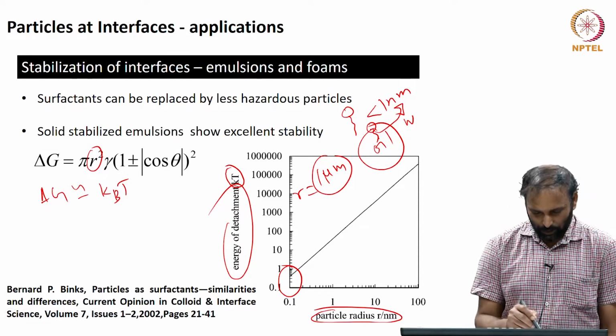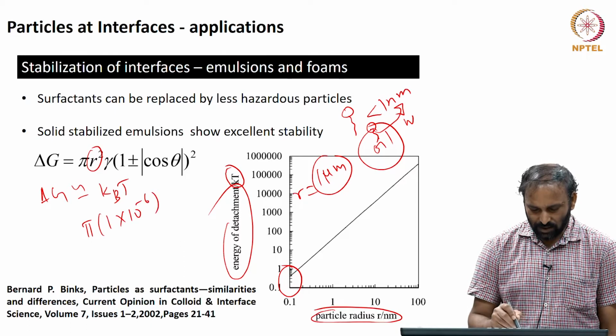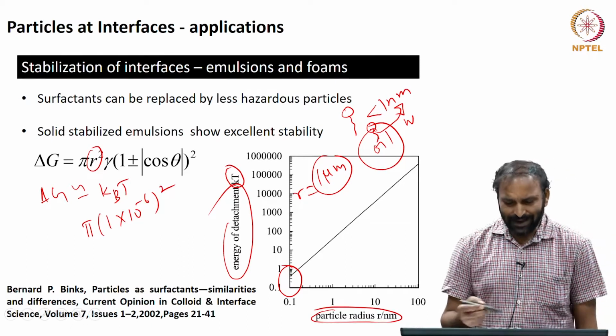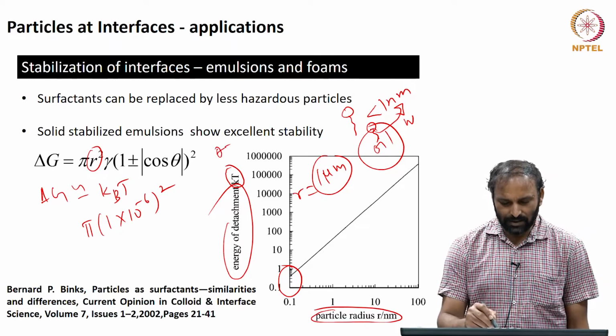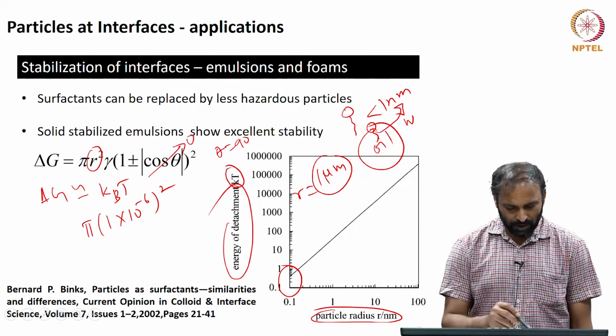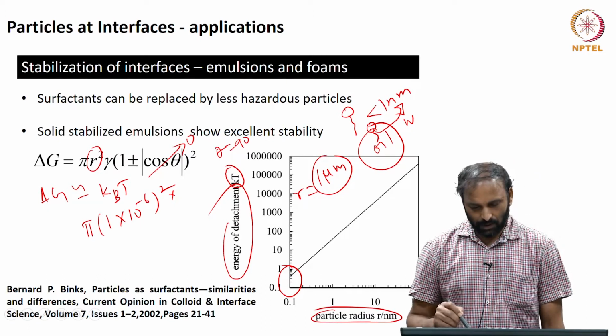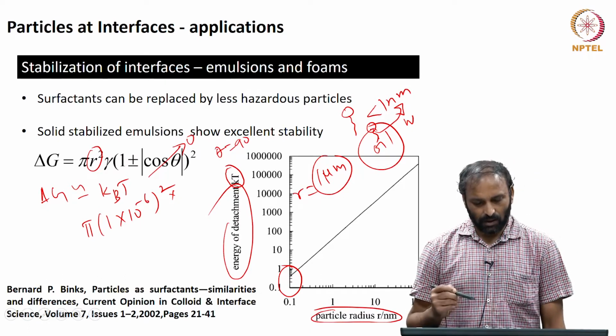Let us calculate quickly. That is pi multiplied by 1 micrometer, which is 1 into 10 power minus 6, whole square, and let us assume that theta is equal to, say, 90, so this term becomes not important.